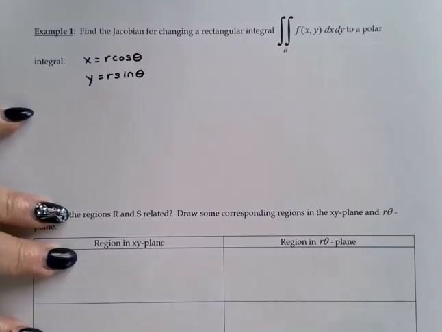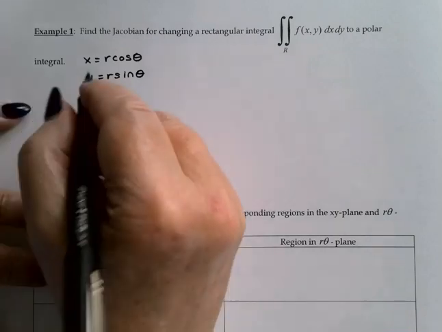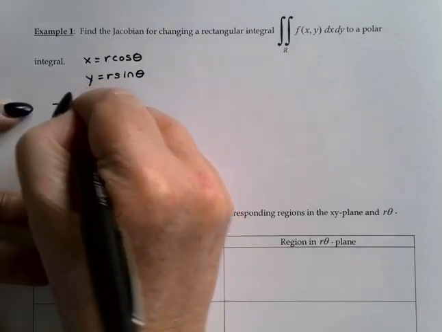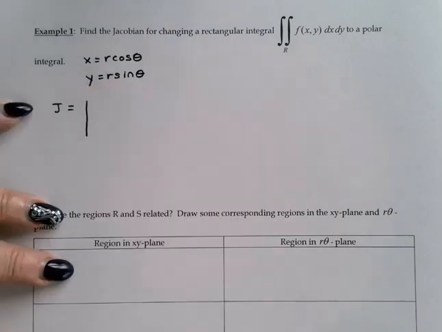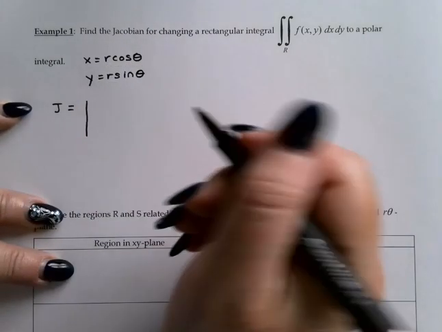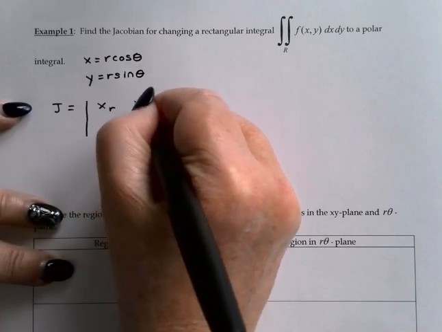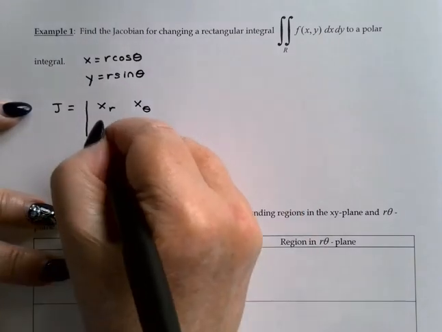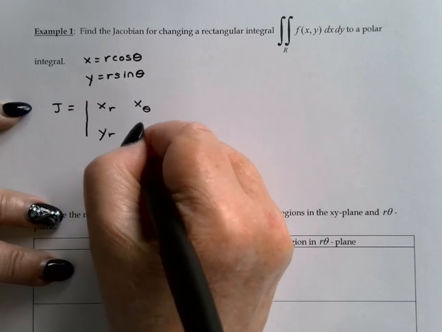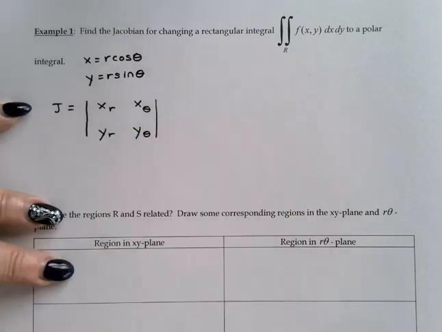Instead of u and v, in this case, I have r and theta. So my Jacobian is going to be the determinant of, again, not u and v, but r and theta. So x sub r, x sub theta, and y sub r, y sub theta.